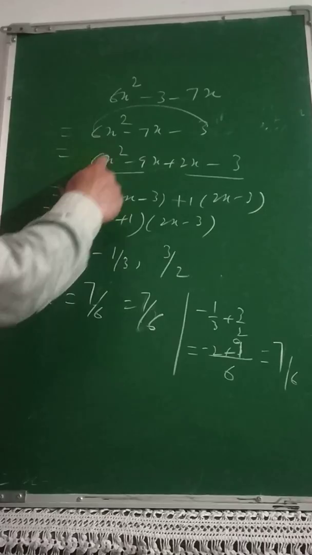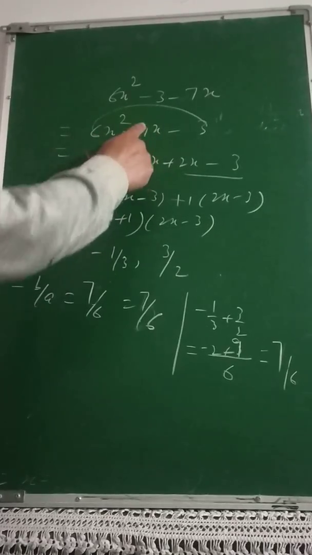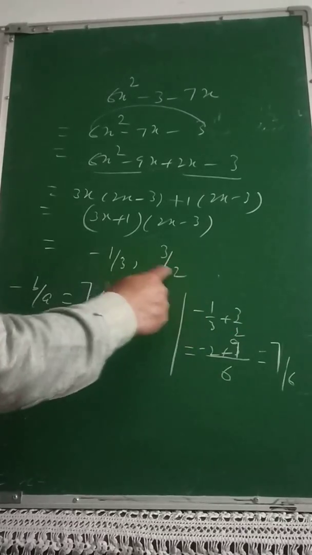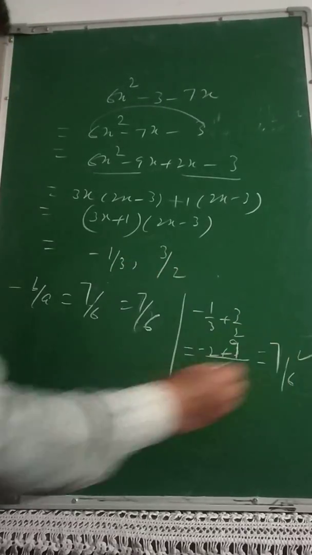So here a, b and c. B is minus 7, so minus b upon a will be 7 upon 6, and if you find the sum of these two, that is also equal to 7 upon 6.